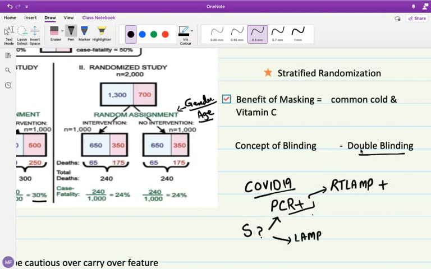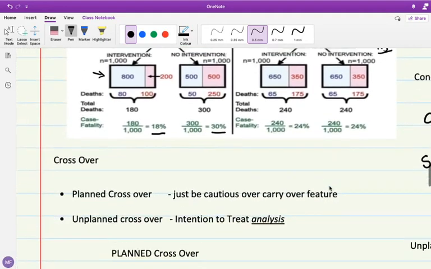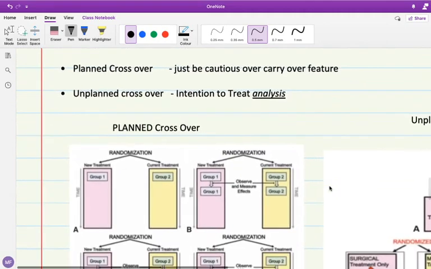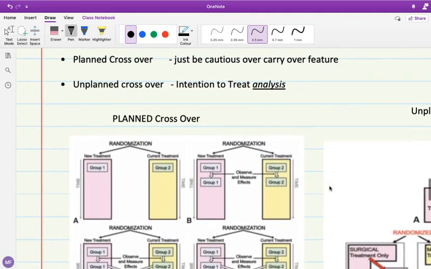So this is called double blind testing. Okay, so this is the concept of blinding, the concept of double blinding. You have heard about it. Now, there are certain things during a randomization trial. In the randomization trial, there are certain planned crossovers and there are certain unplanned crossovers.